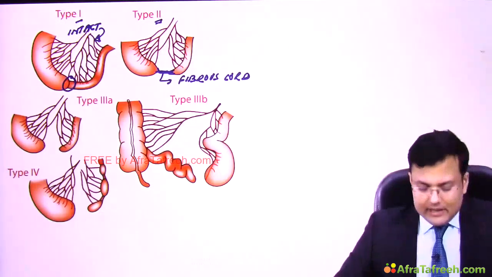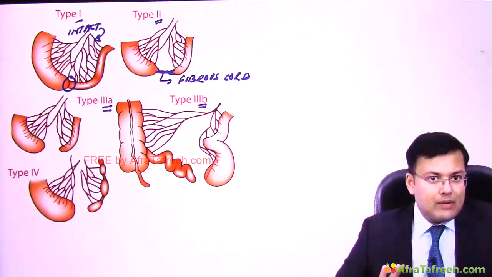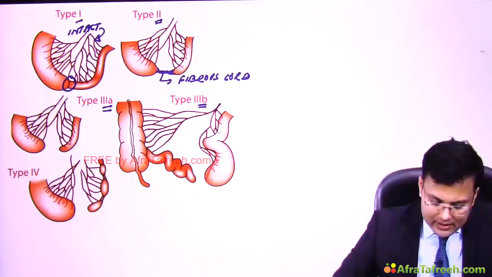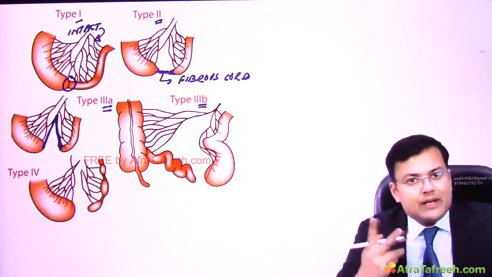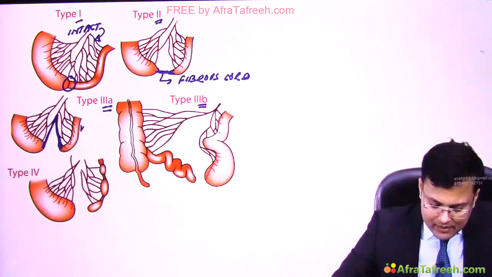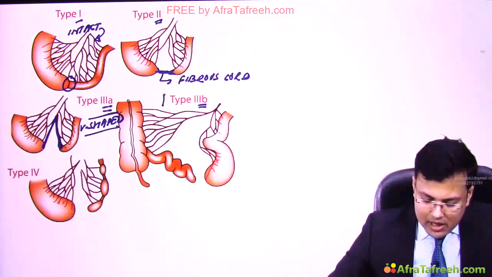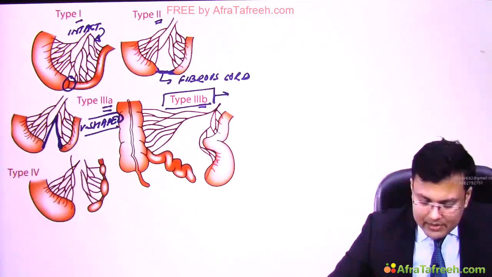Type 3 is further divided into 3A and 3B. These are most commonly asked. In 3A, the blind ends are separated by V-shaped defect in the mesentery. And most commonly asked is type 3B.